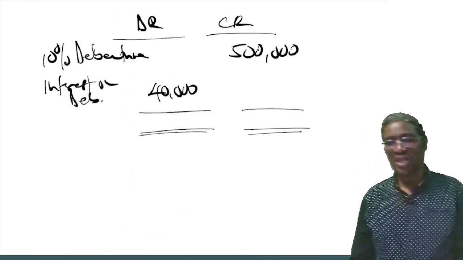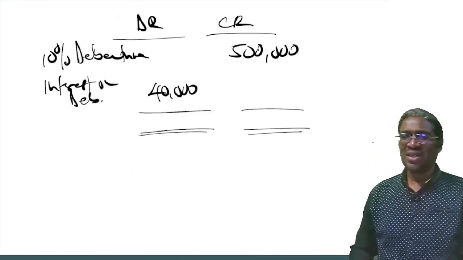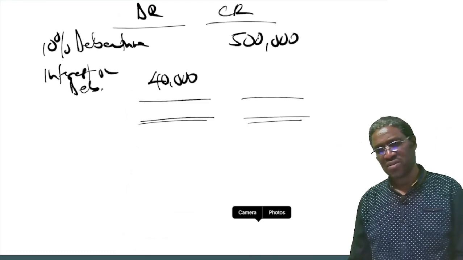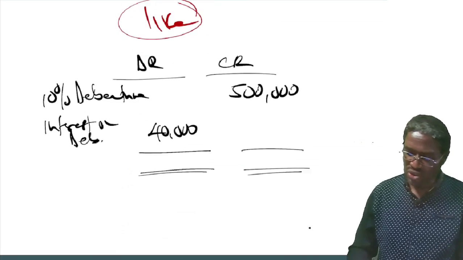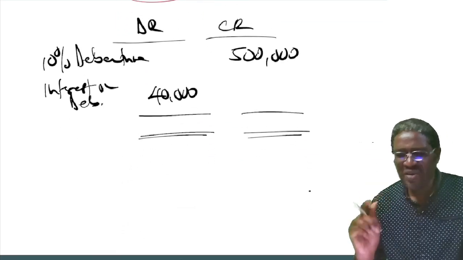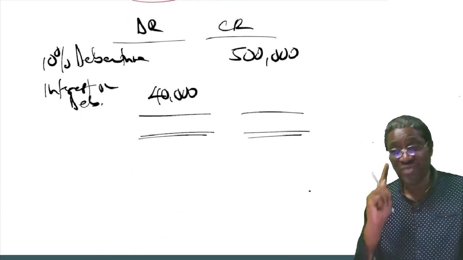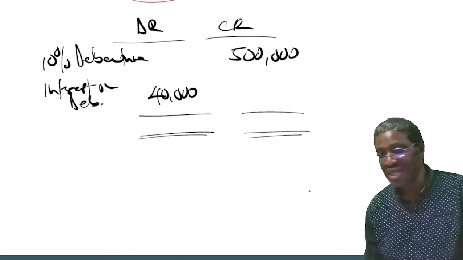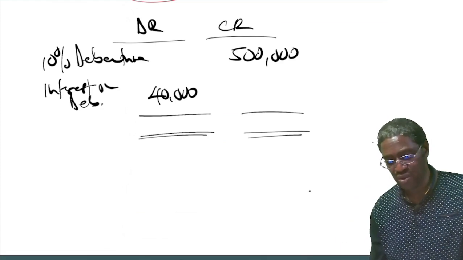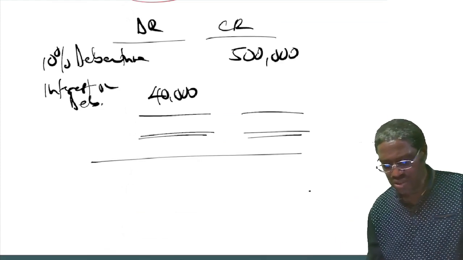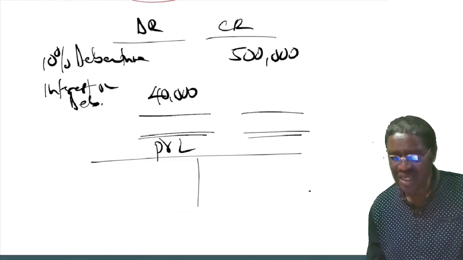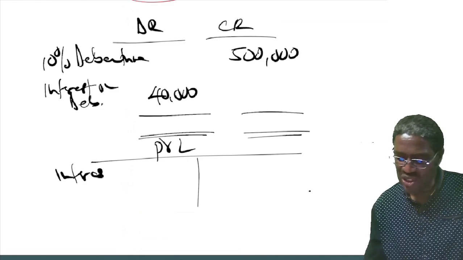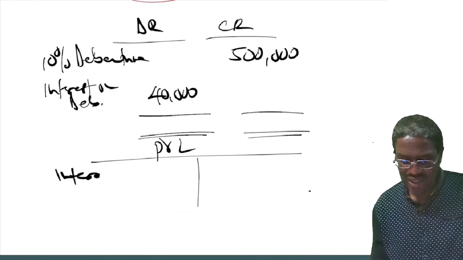Okay? Then from there, the examiner could ask you to prepare an income statement. Now, the question is this. Whenever you are given a trial balance of this nature, and the examiner asked you to prepare an income statement of profit or loss, whatever he called it, how much were you charging to the P&L account as interest?